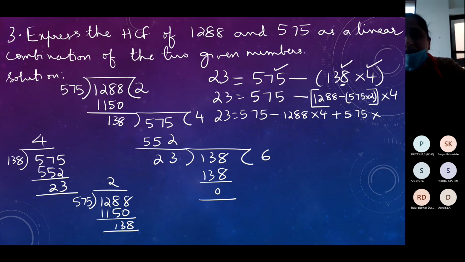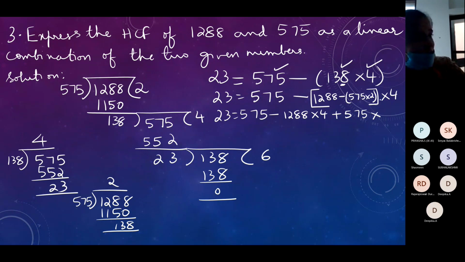Don't disturb the divisor. 575 is the divisor and 2 is the quotient. Multiply this 4 with the quotient, not the divisor. So 575 into 8.